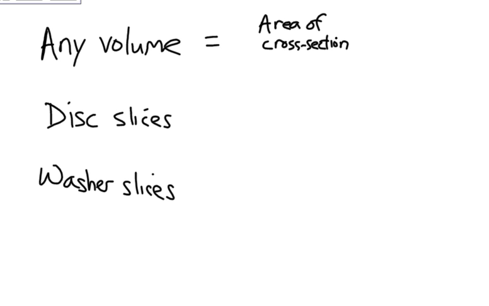And so whatever the area is of those cross sections, for example, if you had a cylinder and you sliced that cylinder, you would get a bunch of circles. Think of a roll of quarters all stacked together. And so the volume of that is equal to the area of the cross section times its thickness. Or in other words, if you find the area of the circle, pi r squared, and then somehow account for the thickness of the stack, then that will give you the volume.